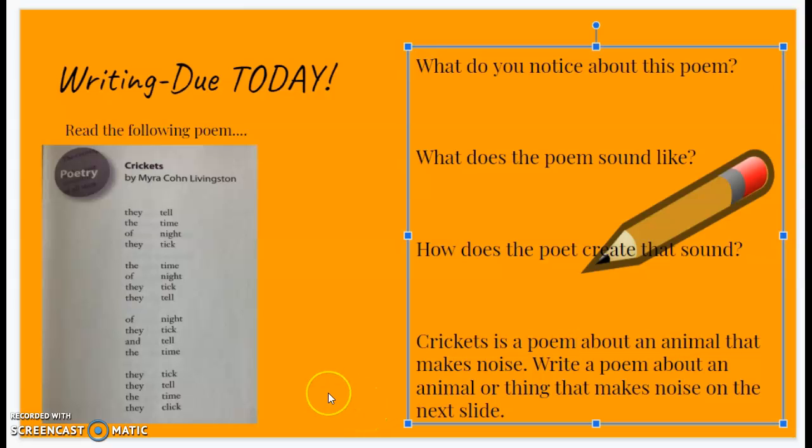I should be able to tell what your animal is based on the noises you are describing in the poem. If you notice, in the poem Crickets, it never says, the crickets tick.